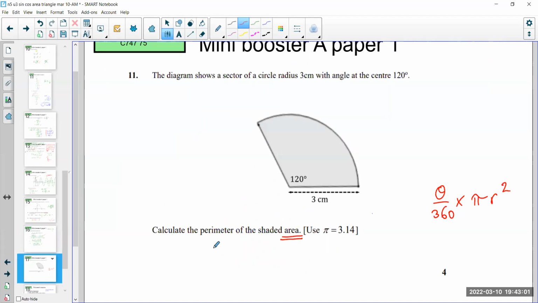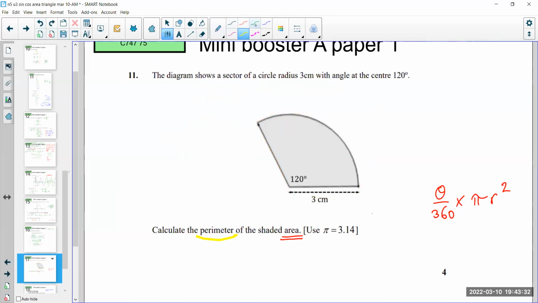What have we been asked to calculate? Is it the arc length? They've asked us to calculate this plus this plus this. Is it Pythagoras? No, it's the perimeter of something.